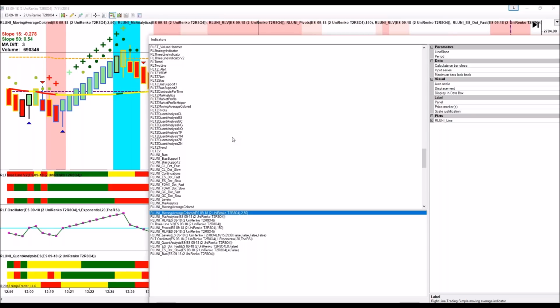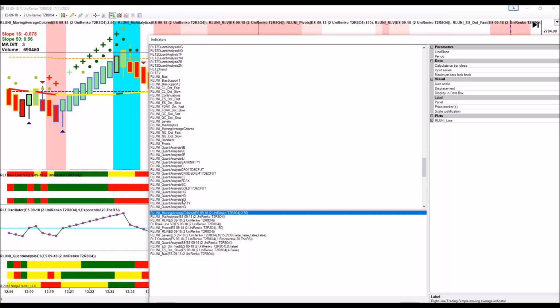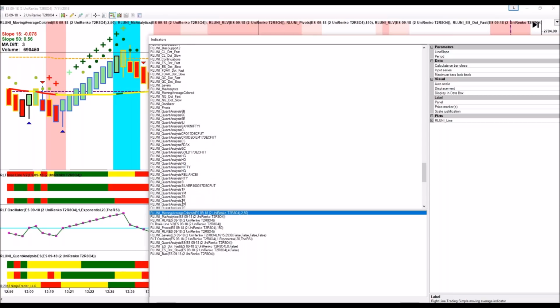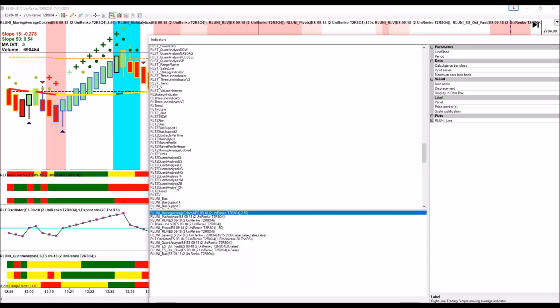Now, I think we went through everything. We went through the analytics, we went through the dots, we went through the pivots, we went through the quants. I think that's everything. That's it.